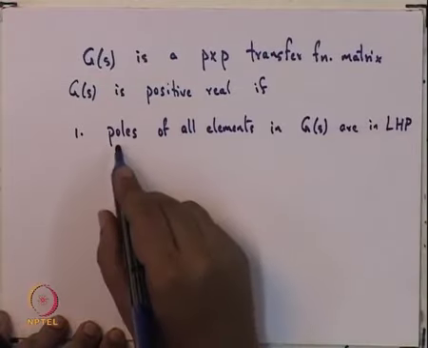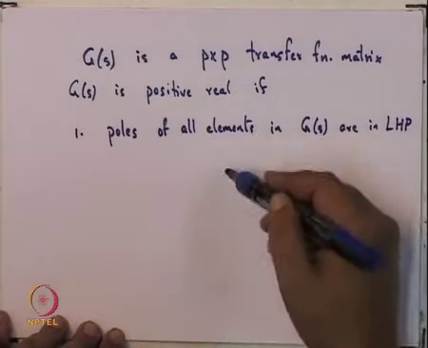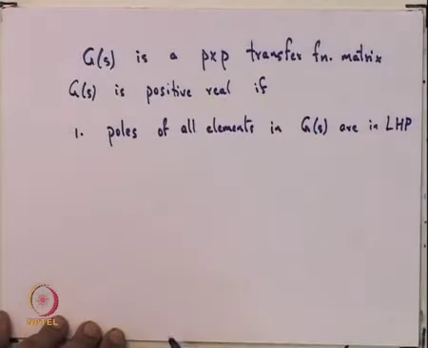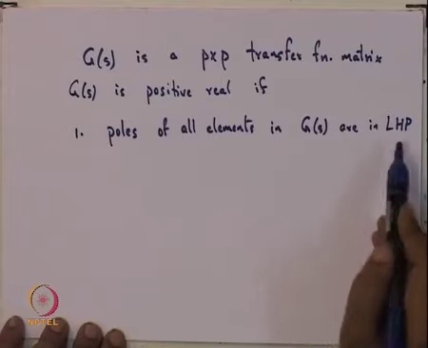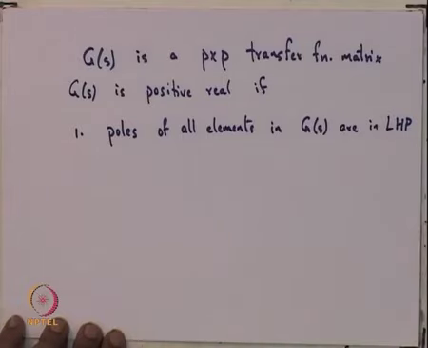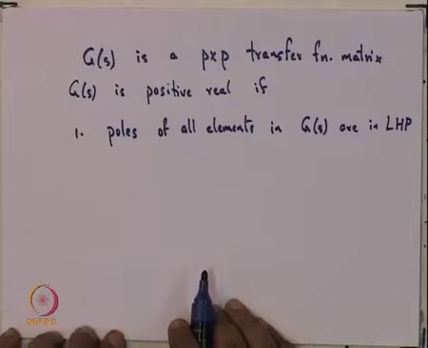That means every entry of G of s is a transfer function, and every one of those transfer functions is Hurwitz, is stable. Okay.